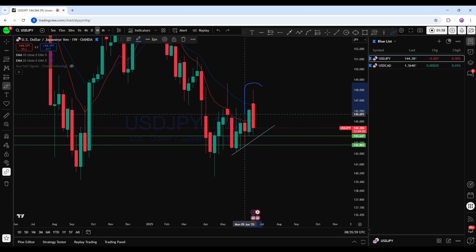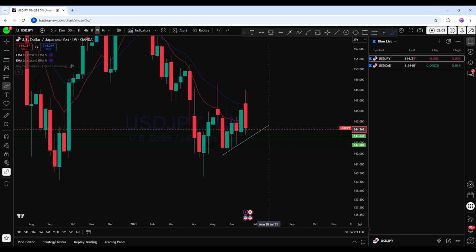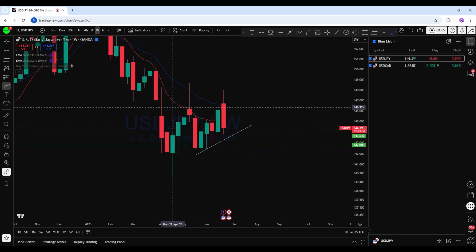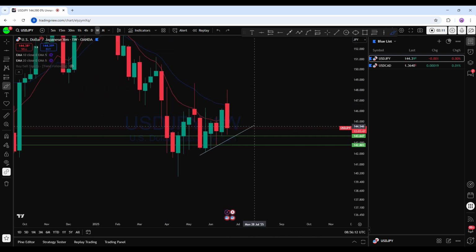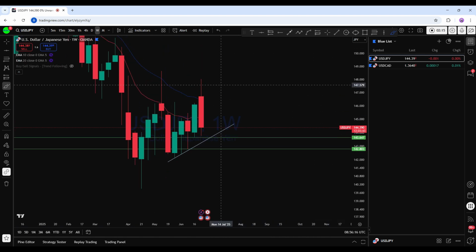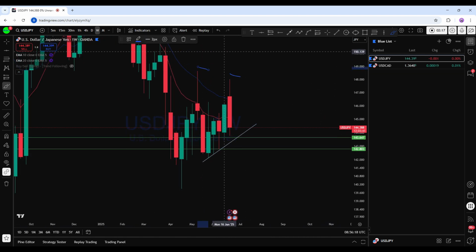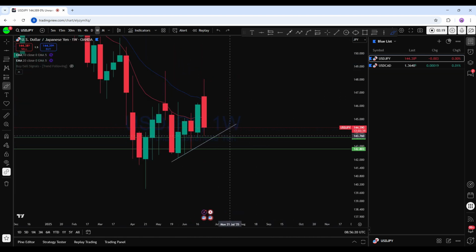This is the weekly bearish engulfer here on dollar yen, and with that weekly bearish engulfer, the market crossed this high, grabbed strong liquidity, and produced a bearish candle. If we closely look at the high of this candle, the market formed this series of lower highs and lows. The market was maintaining that series of highs and lows here.